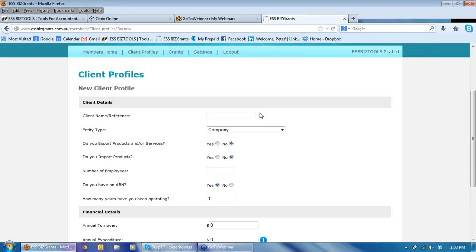And one of the new concepts that we're introducing into version 2 is that if a new grant has been added to ESS BIZGrants since you last worked on a client that you have set up within ESS BIZGrants, and that client is potentially eligible for any of those new grants, then you will receive a message to that effect that this client may well be entitled to apply for another grant. So that's one of the real reasons for leaving the data in the system.